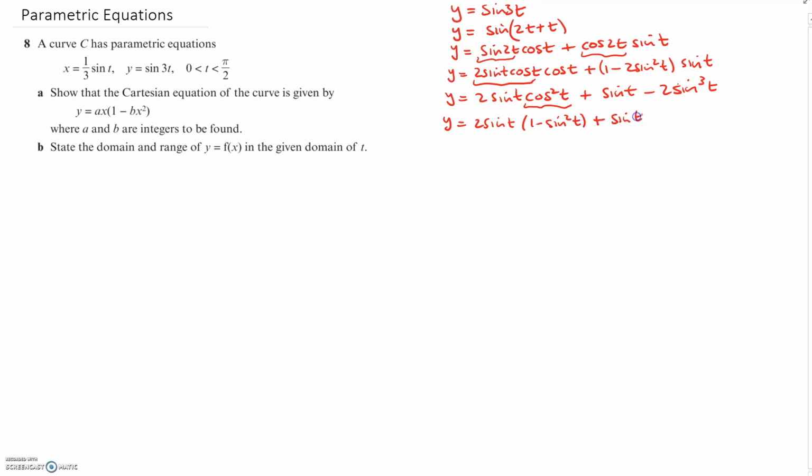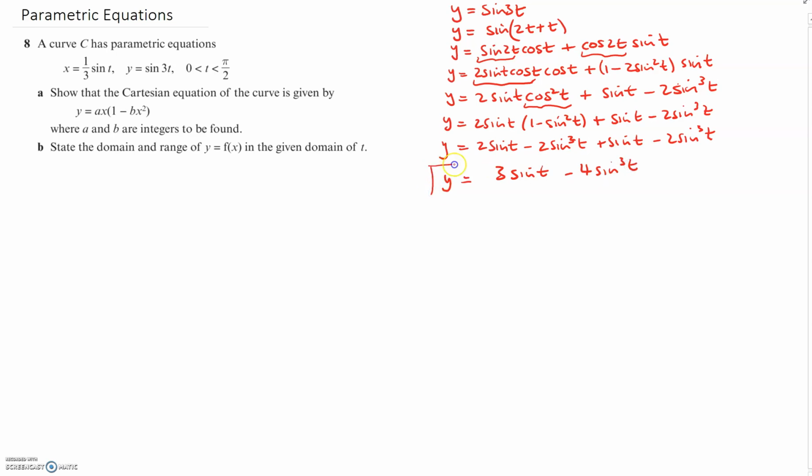Okay, we can breathe a little bit now because this is all in terms of sine, but I just want to simplify that once more, or maybe once or twice more. If I expand that, I get 2 sine t minus 2 sine cubed t plus sine t minus 2 sine cubed t, and simplifying all of that would therefore be 3 sine t minus 4 sine cubed t.